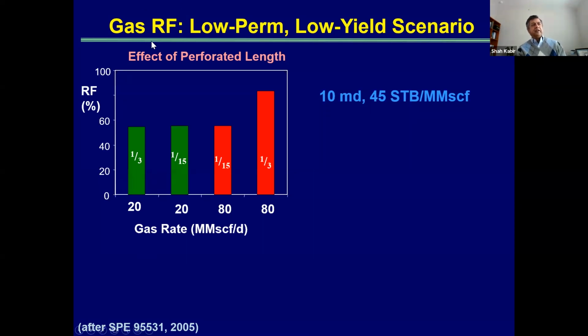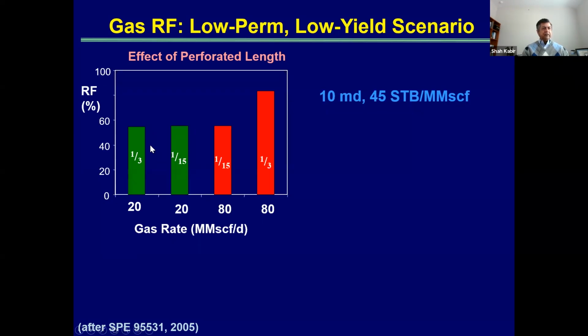So we are exploring the recovery factor for the gas. The question that came up in the early stage of the project is, for a low permeability system and not too much liquid in the gas, 45 stock tank barrels per million standard cubic feet, and high would be over 100 barrels per million cubic feet.